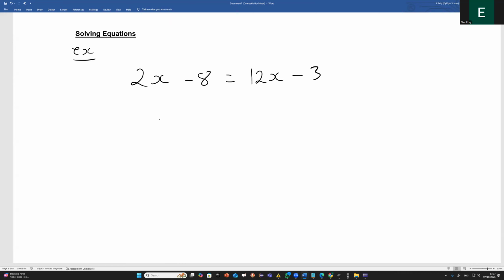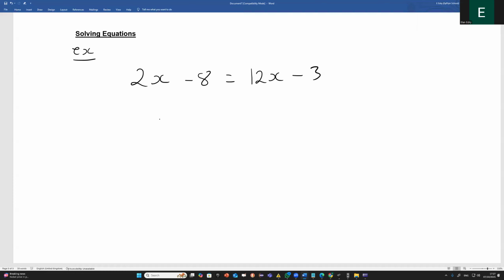Right, so say I have this equation. What could we do first to solve this equation? You put x on one side of the equation and numbers on the other side. So we want all the x's on the same side. Which side should I put all the x's on? The left side, that's absolutely fine. I would only say the right side because there's more x's on it.